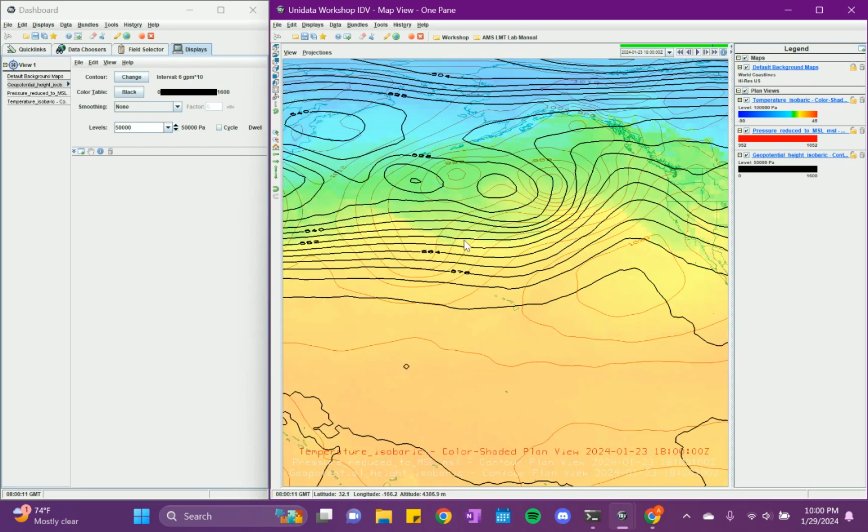Assuming geostrophic flow, we see westerly winds. This clockwise turning of the winds with height indicates warm air advection, or otherwise what we call veering winds.